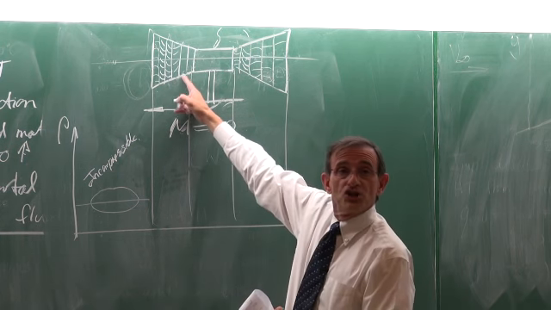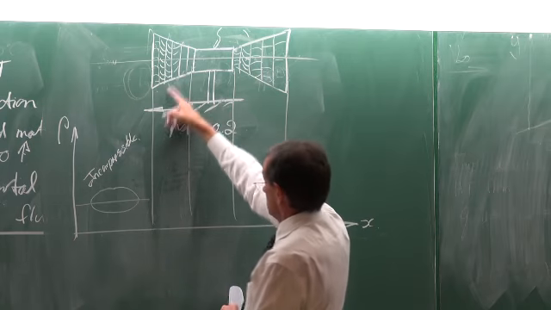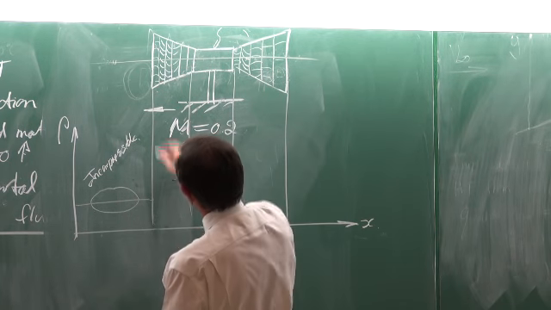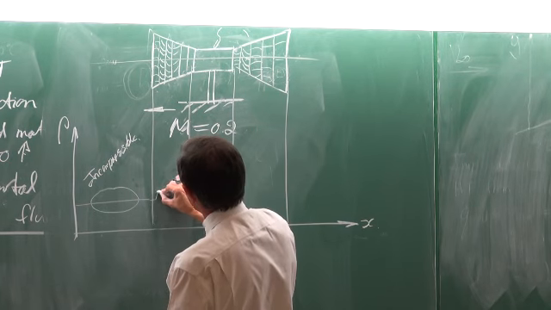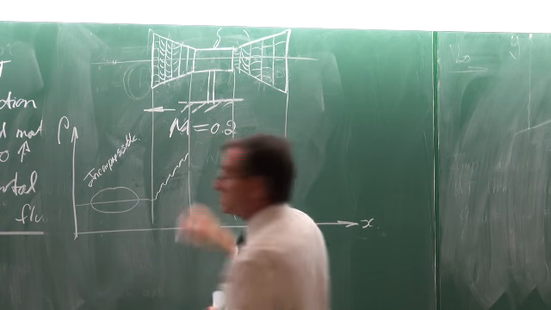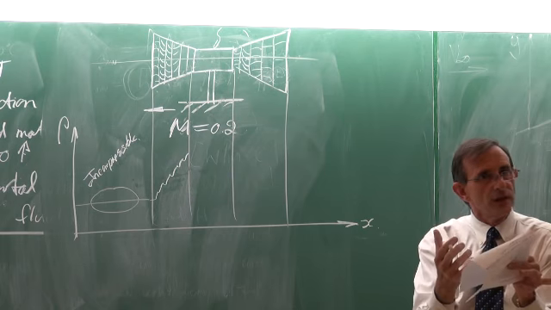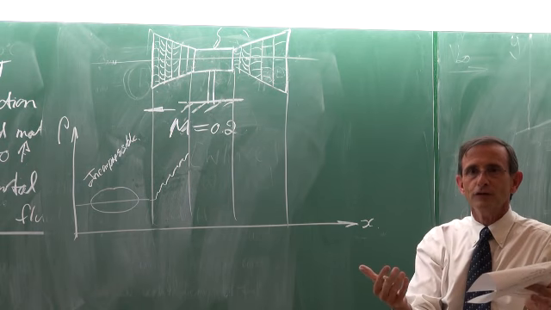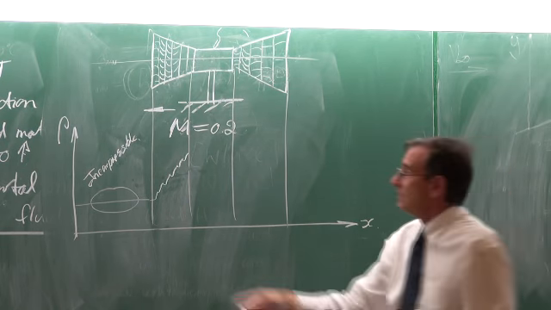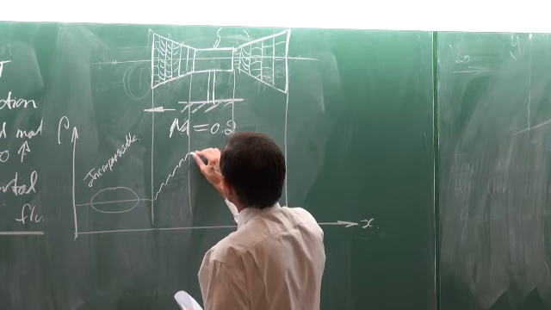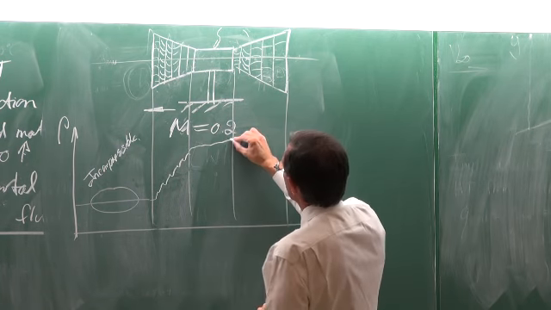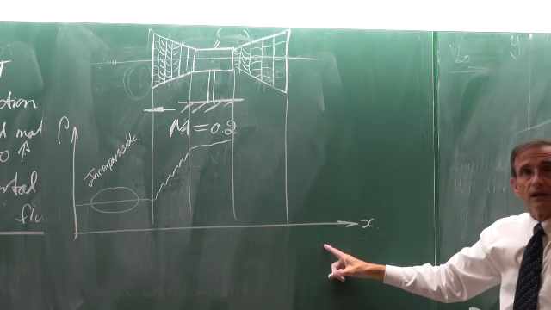Then things are going to start changing through the compressor. The first set of blades is not going to do much, but then after that, the density is going to increase because the air is being compressed. That's the function of the compressor, to compress it. Then in the combustion chamber, it's going to increase more, and then it has to expand again.